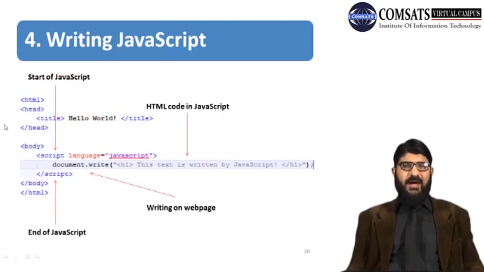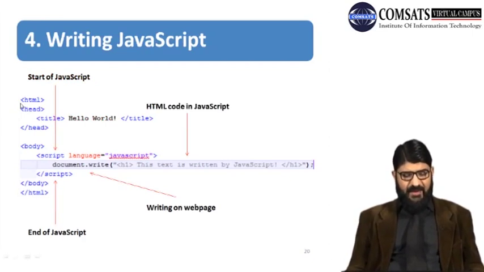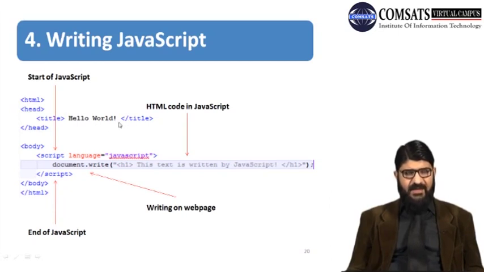Now see how to write a JavaScript file. This is an HTML file, so it means internal JavaScript is going to be written. The head tag is mentioned, the title tag is mentioned with hello world, and the title tag is closed and the head tag is closed. Then the body tag is started. The scripting language is JavaScript.